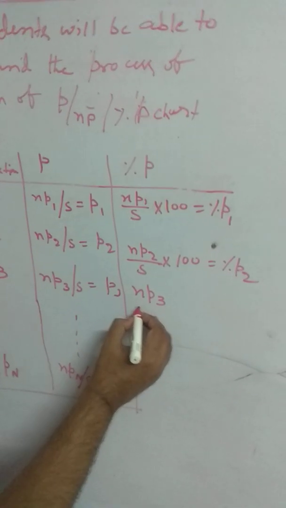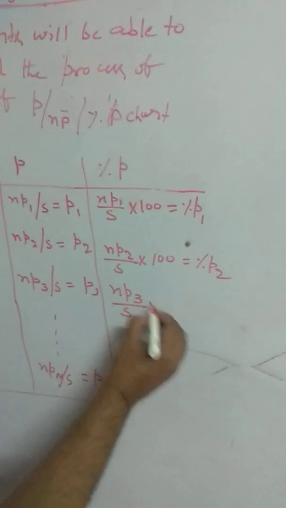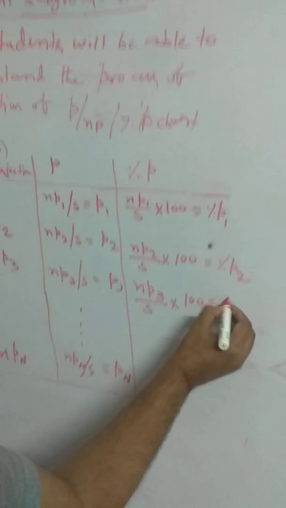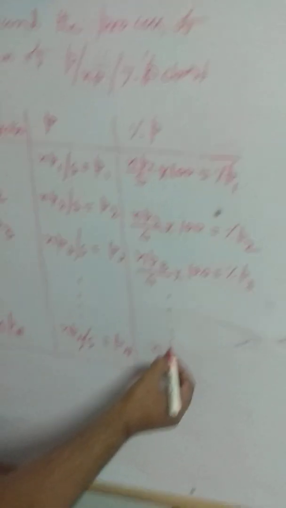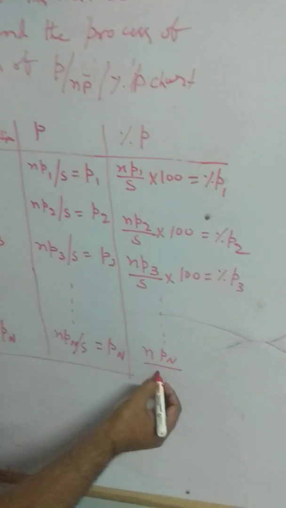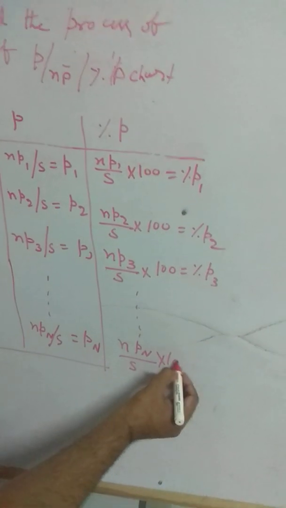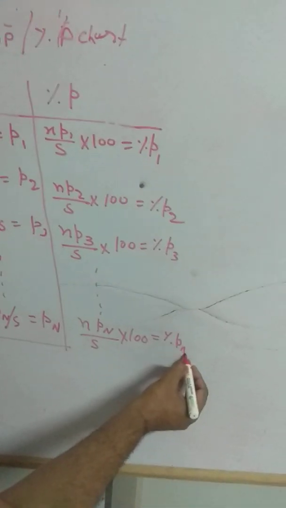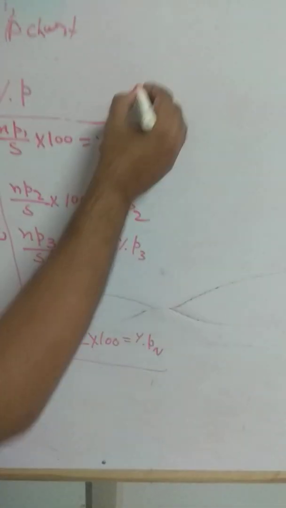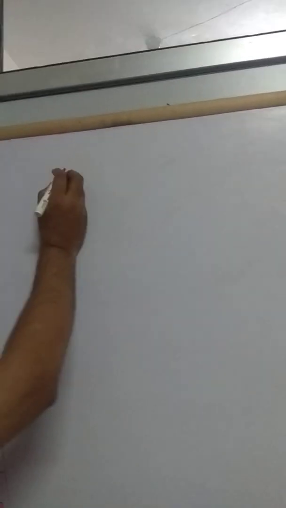NP3 likewise, NP3 divided by S into 100 will give the percentage P3, and so on, and at last NPN divided by S into 100 will give the value of percentage Pn of nth sample.